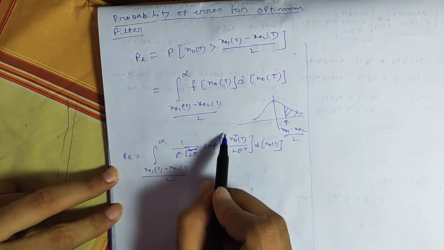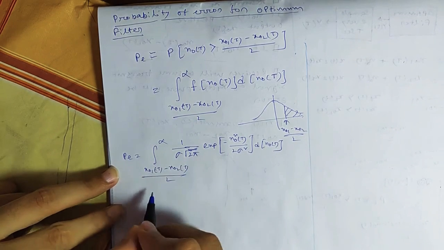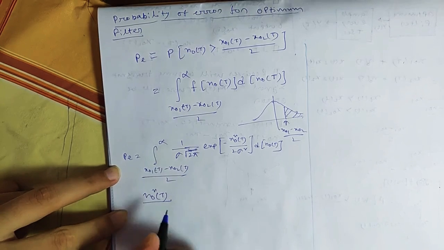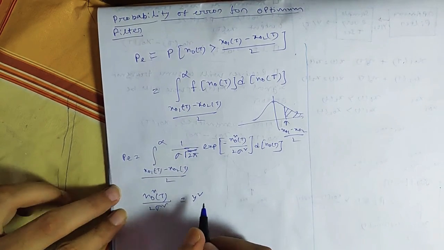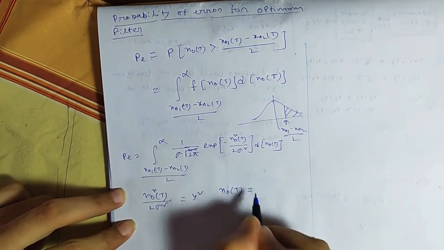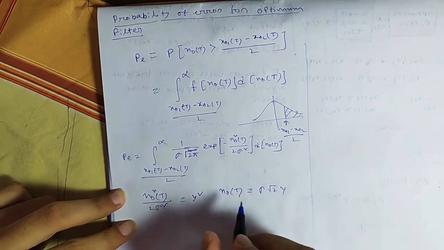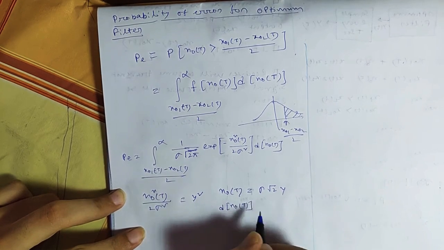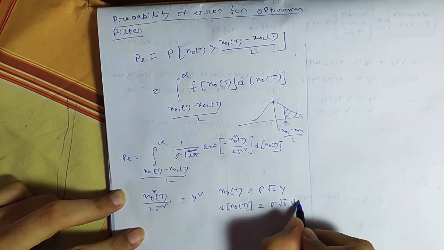Now we'll consider this part as y square, like the previous case, n0t y square. So from this, n0t equals sigma root over 2 y, or d of n0t equals sigma root over 2 dy.